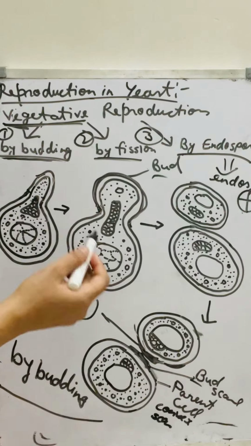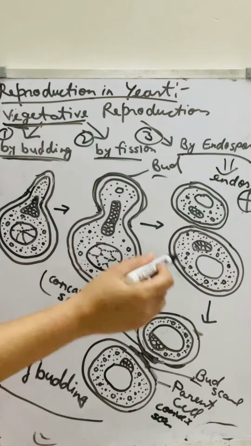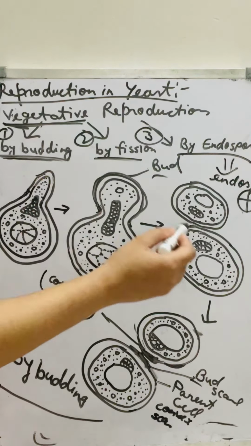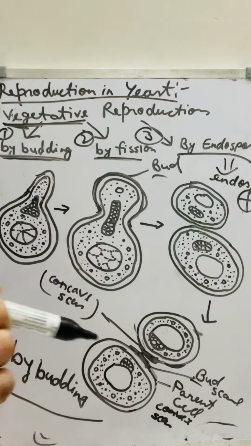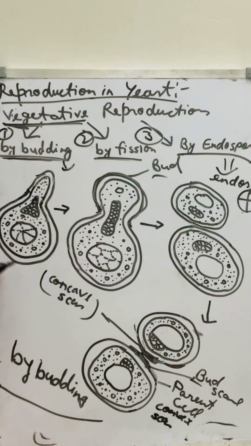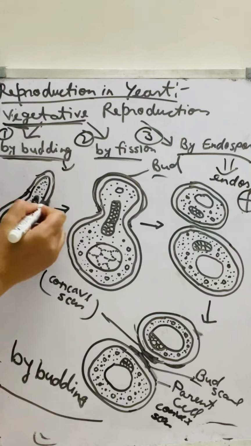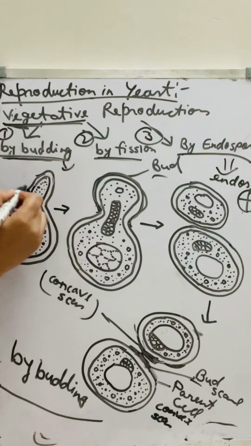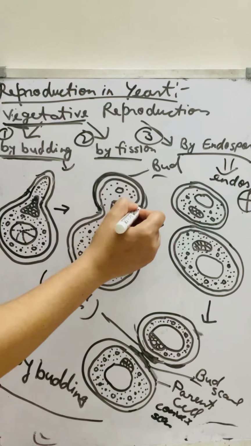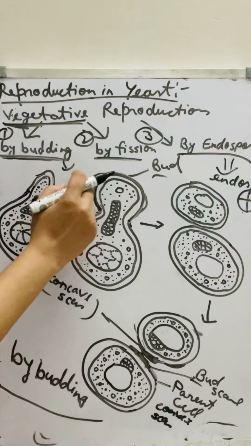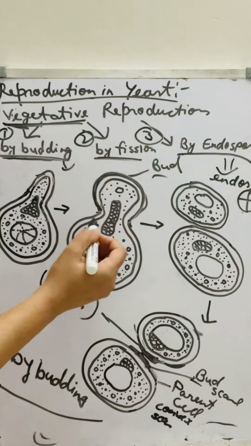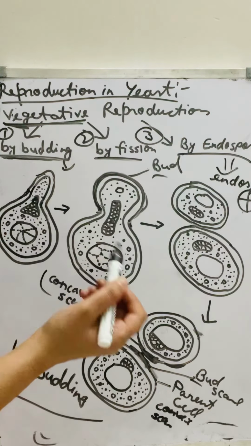How is yeast formed? As you can see in the complete diagram, one parental cell divides into two daughter cells. The first condition is favorable conditions, the cell starts growing from the upper side, which forms a bud-like structure. This portion is called the bud. As the bud grows, the protoplasm starts splitting.